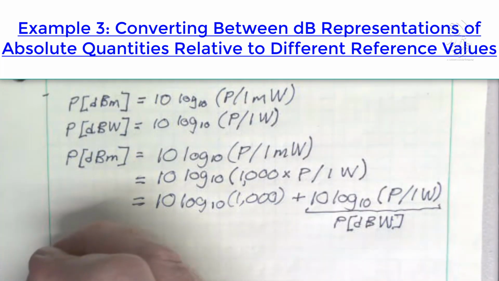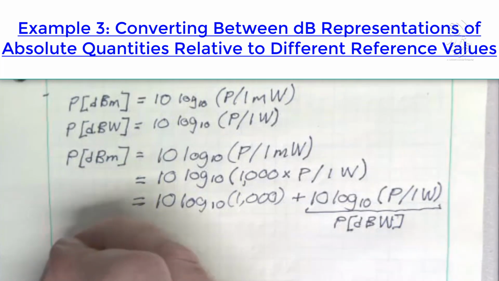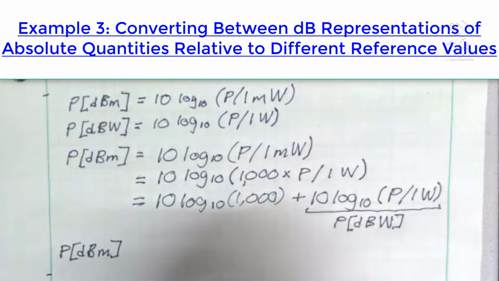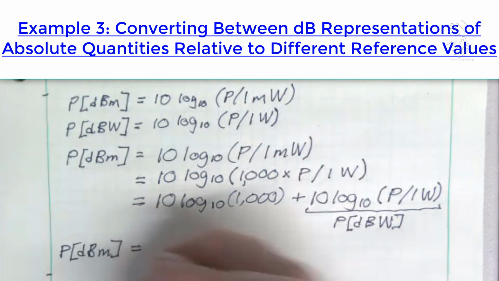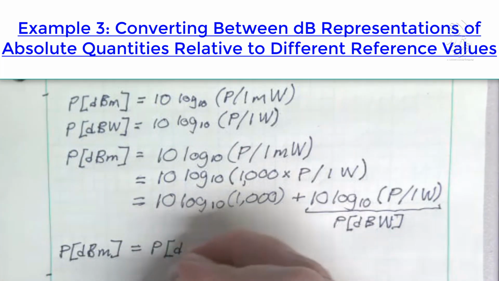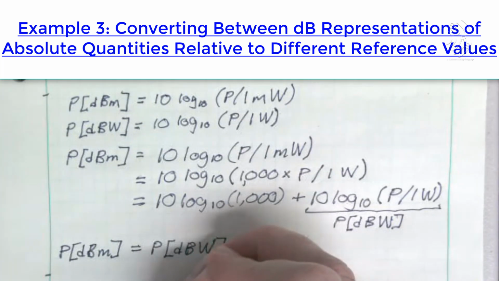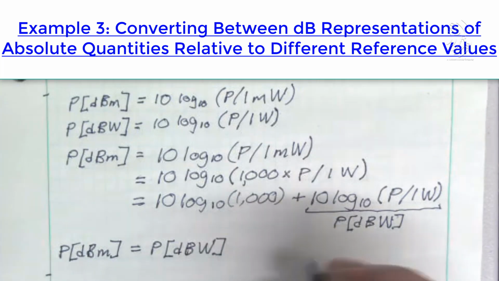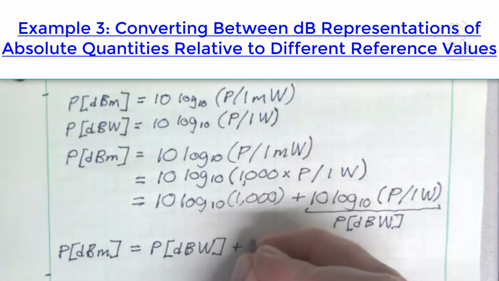So we can write P in dBm equals P in dBW plus 10 log base 10 of 1000, which is 30.